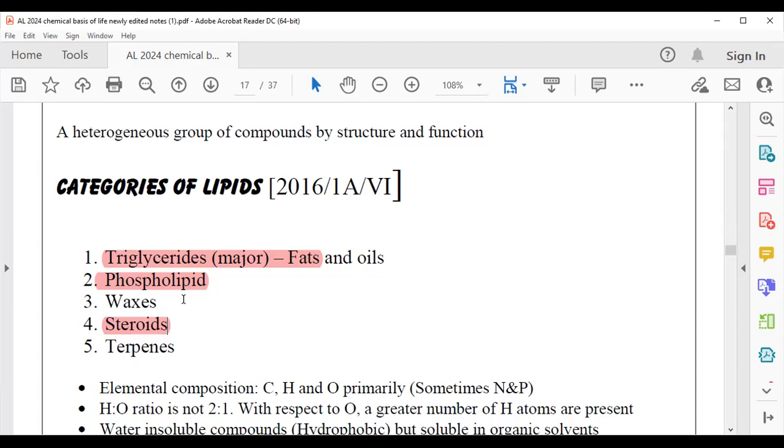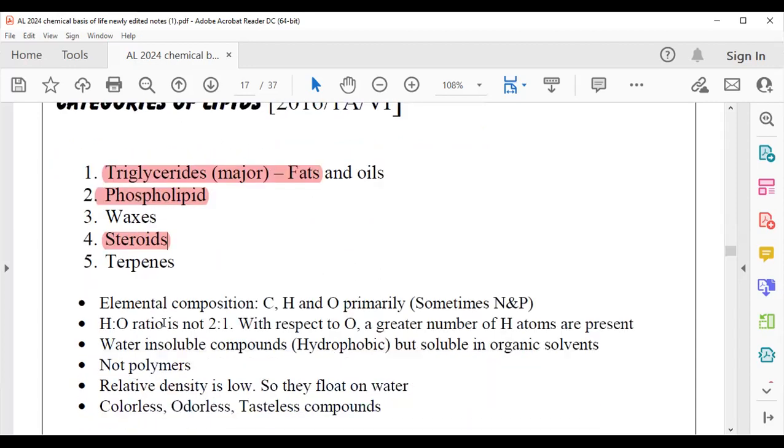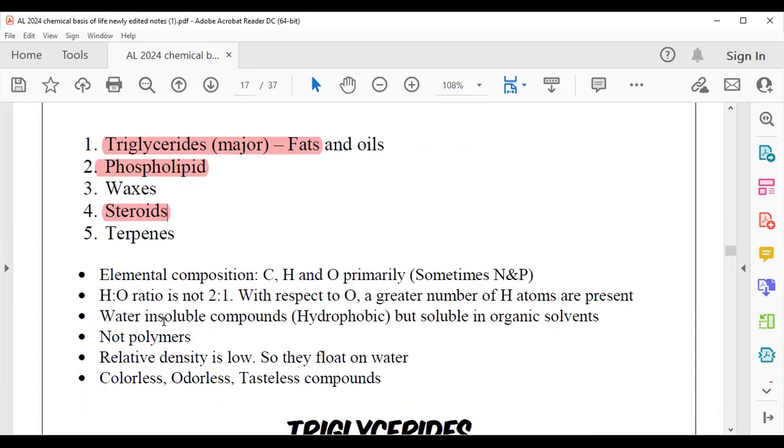Right. So if you take lipids, carbon, hydrogen, oxygen are the primary elements. In the phospholipids, nitrogen, phosphorus like elements can be noticed.